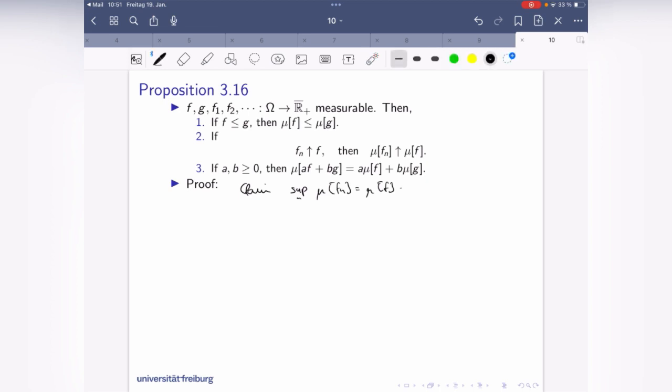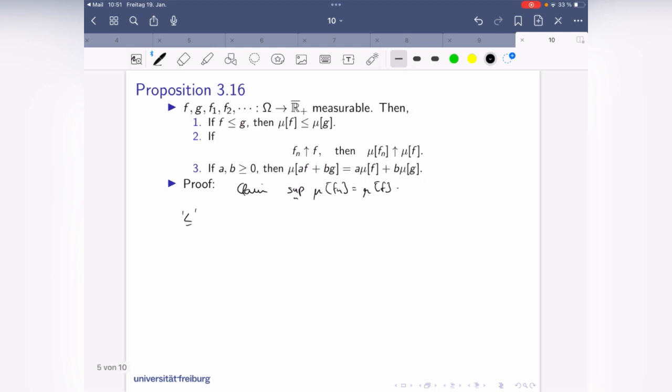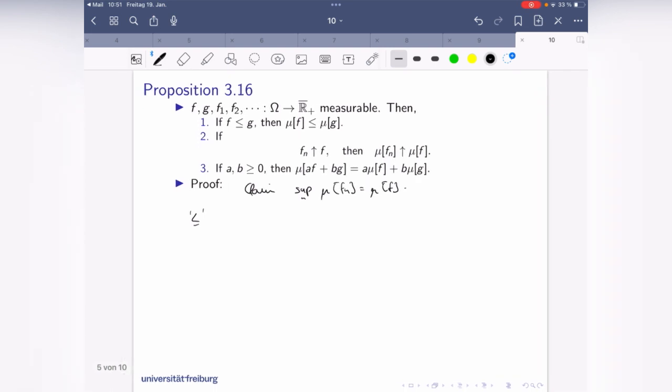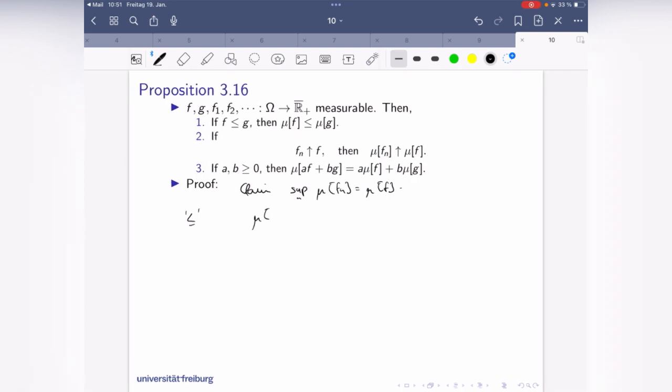And yeah, so we have two directions to show. Smaller equal first. So mu f_n is smaller equal than mu f. That's pretty clear because f_n is smaller or equal to f, and we have monotonicity, and that holds for all n, so it also holds for the supremum. So that's easy. The other direction is a bit harder.